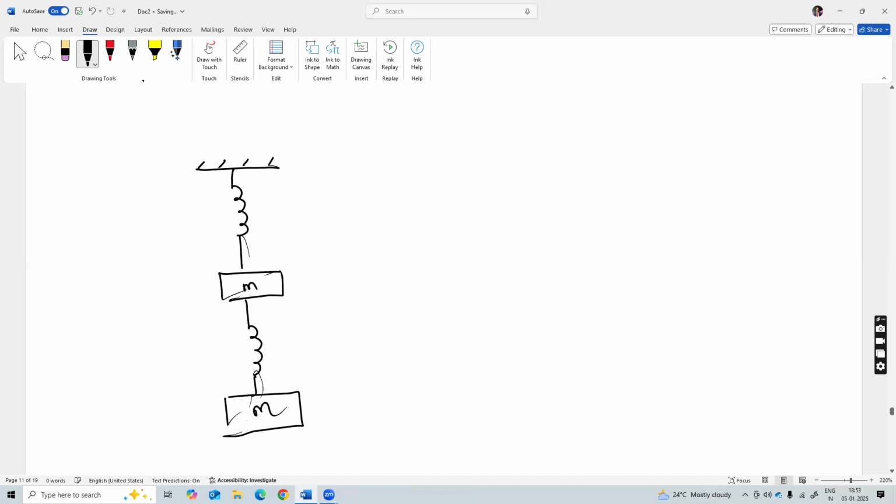In this case, if you consider this bottom mass, of course its weight is acting downwards, that is mg. There is tension upward, let's say T1. So tension in this spring is basically mg.